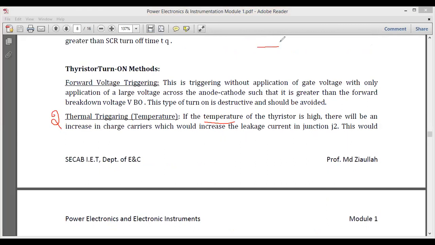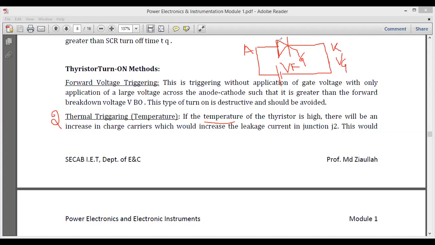Basically, if this is my thyristor, which is applied with a forward voltage of Vf, and this is the anode and this is the cathode, and this is my gate terminal represented by G, the normal turning on of this SCR requires applying a sufficient amount of gate voltage or gate current.